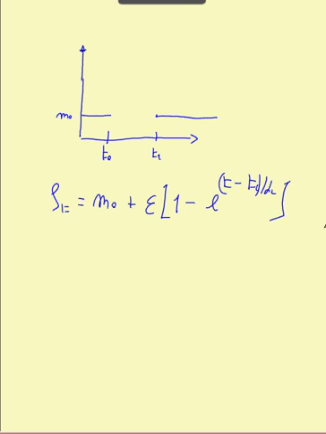This is the dynamics, okay? If you put t0 in t initially, the jump is lower than epsilon, because epsilon multiplies 1 minus a number lower than 1, okay? So you have this jump, which is not m0 plus epsilon, it is lower, okay? You have this jump, this depreciation.